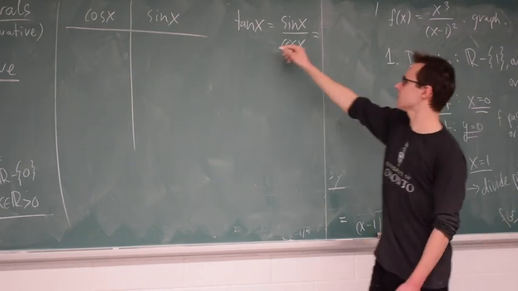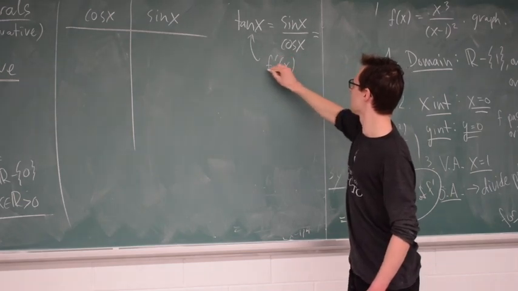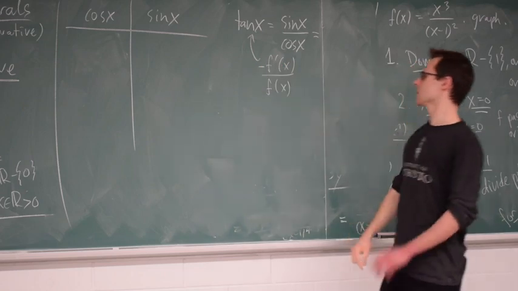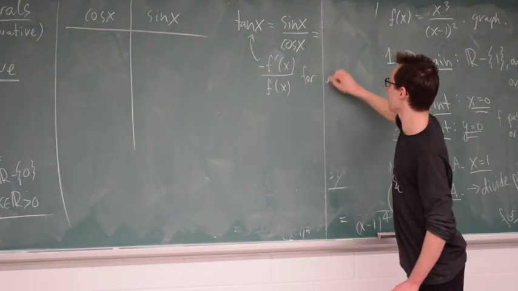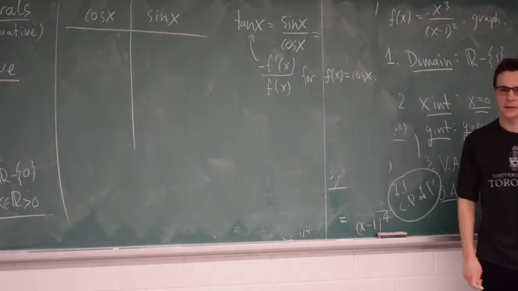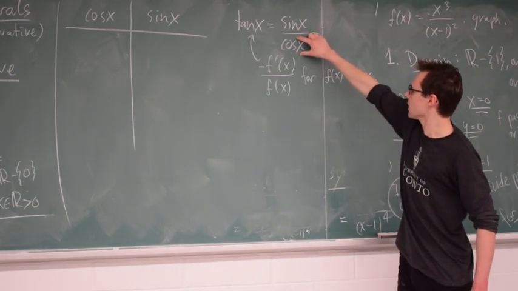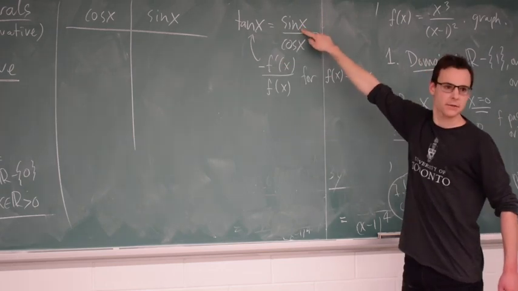So, tan x looks like this, for f of x equal to cos x. Can you guys see that? The tan x is 1 over cosine x, and above it we have negative the derivative of cos.